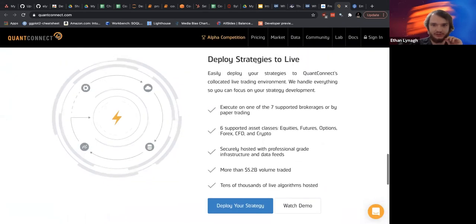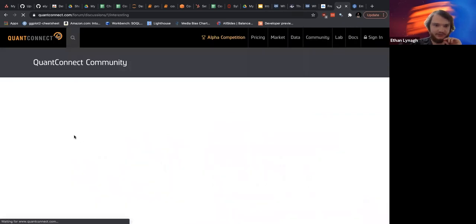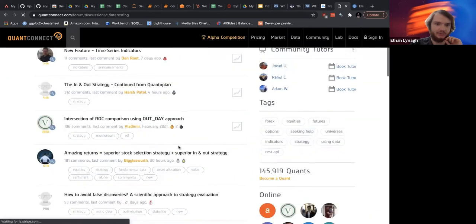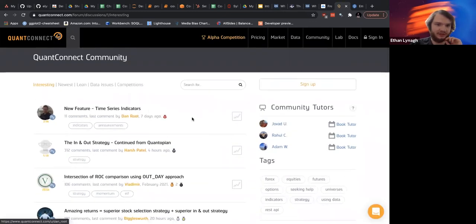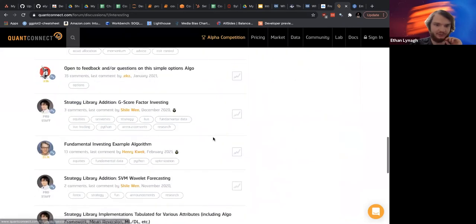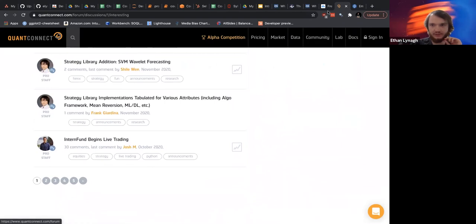It has a lot of data sources you can use and look through. I don't think I can access this because I'm not signed in. Actually, I can. They have a big forum where people discuss their different trading methods and so on, which is pretty cool to look at and see what other people are doing and how you can utilize that.